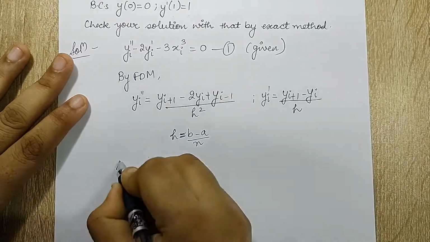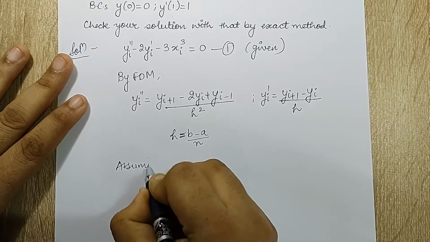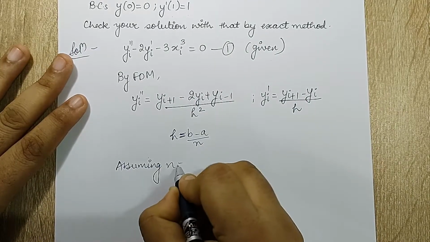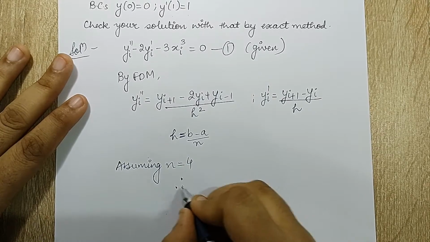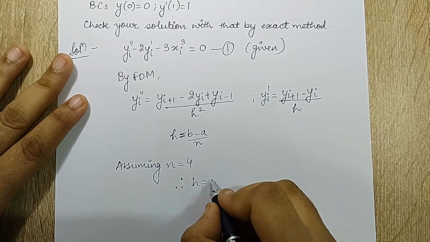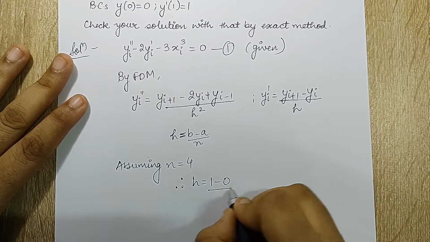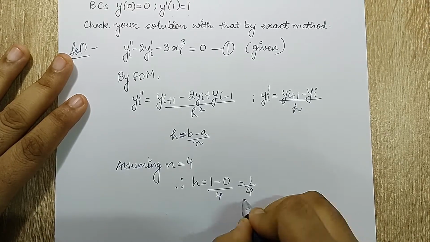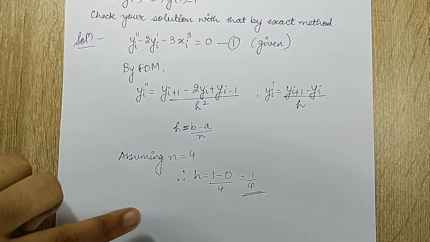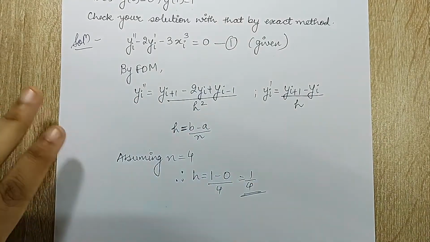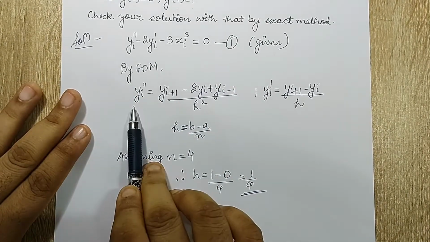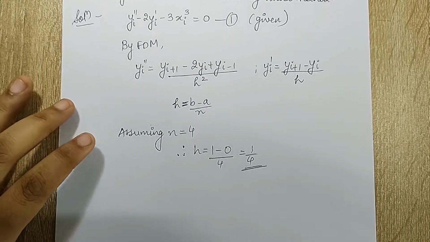Let me assume the number of intervals as 4. Therefore my h becomes b is 1, a is 0 upon 4, that is 1 by 4. I'll substitute 1 by 4 in both these equations and get the equation for yi double dash and yi dash.